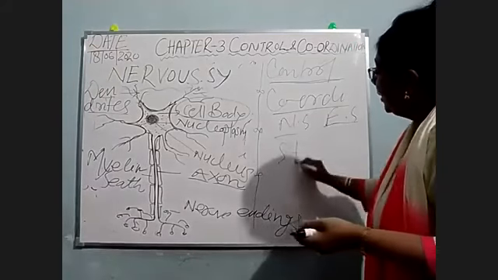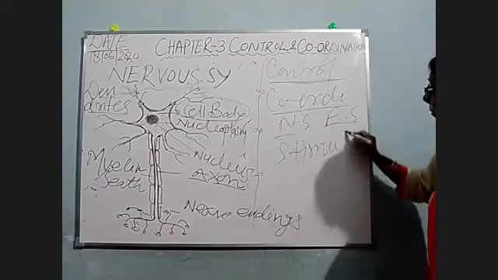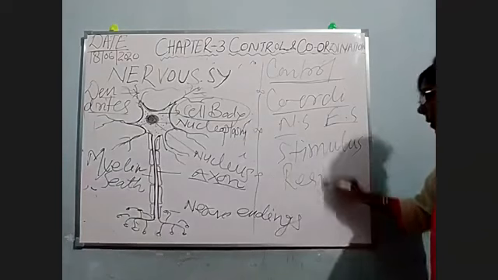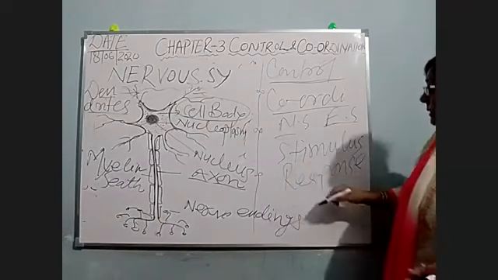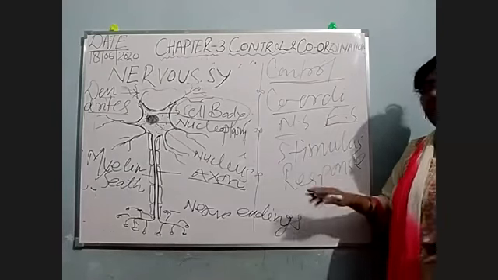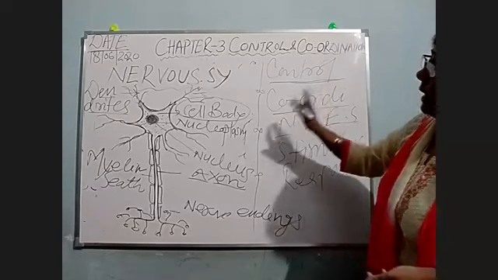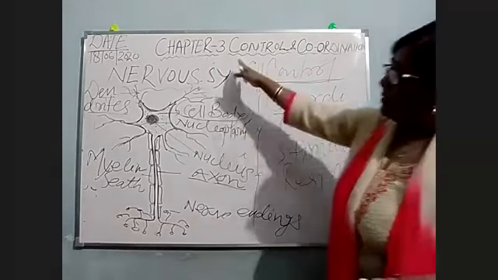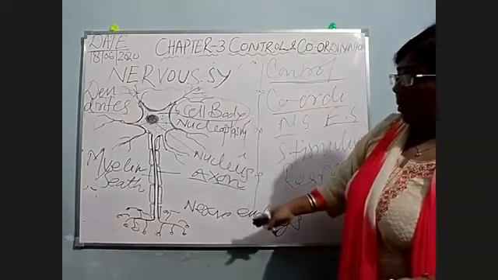Then stimulus, any change in the external environment, and the response of our body towards the stimulus. After that, impulses and receptors, the 5 types of receptors we have already discussed. Then the nervous system, its basic unit, and the structure of the neuron.